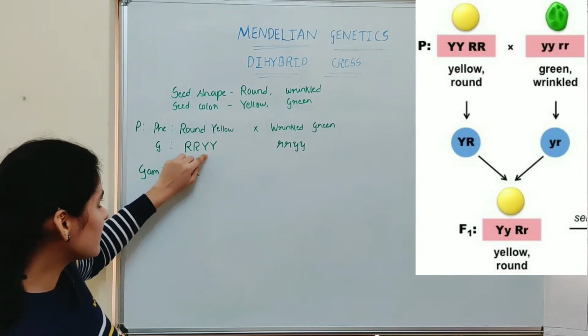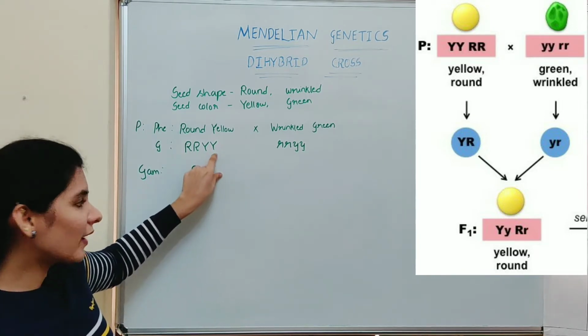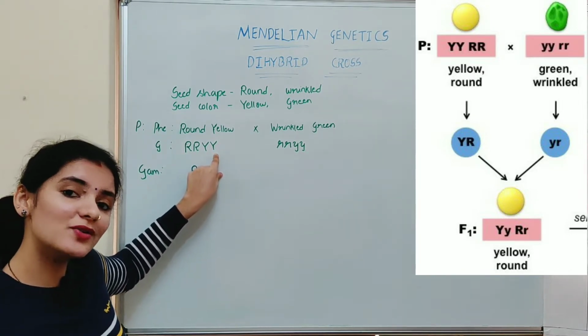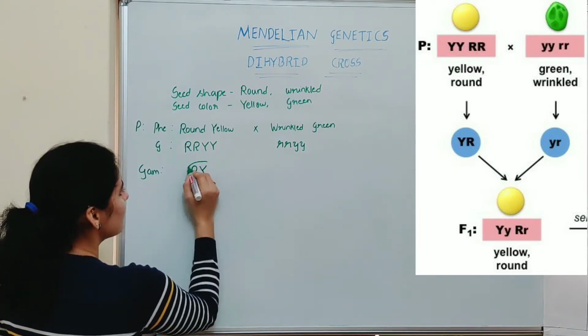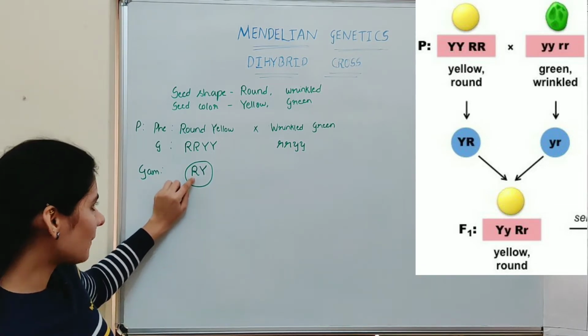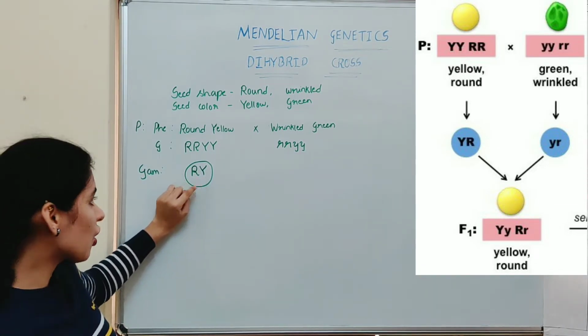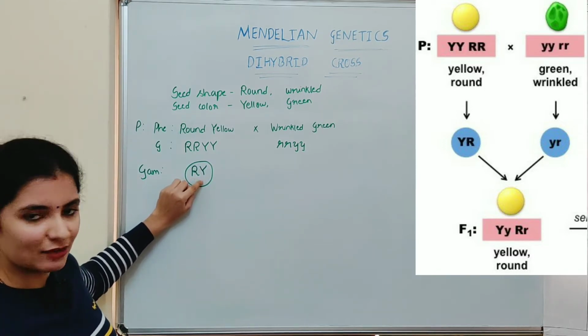Next, the factor which is responsible for the seed color is capital Y. So both factors are the same, so it can produce a gamete with capital Y itself. So this plant can produce a gamete having the factors capital R, capital Y. So all gametes will have capital R, capital Y.